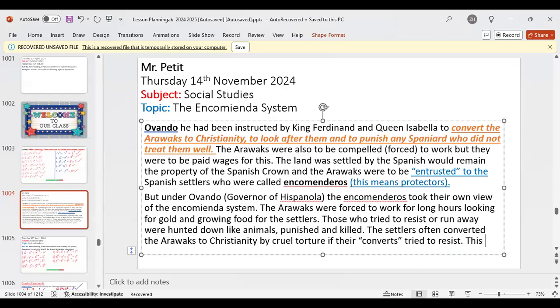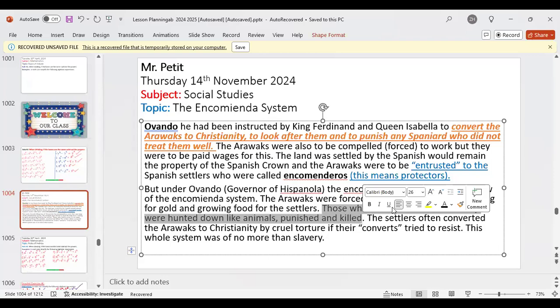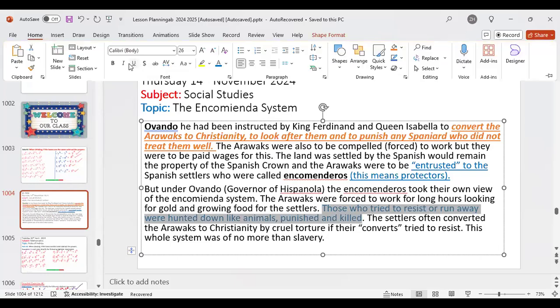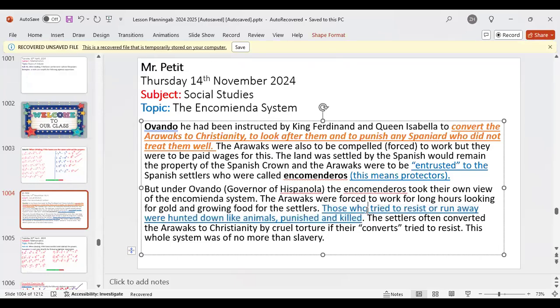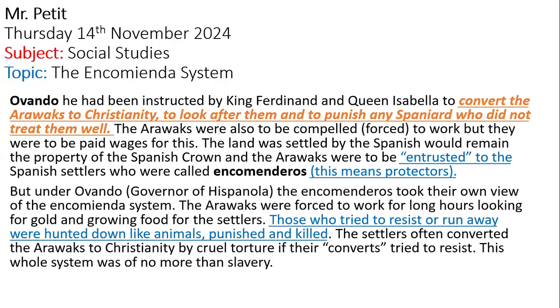This whole system was, of course, no more than slavery. So the encomienda system, which at its core had some good principles, some good ideas, became slavery. And it became the very system that basically caused the Arawaks a lot of harm. It caused a lot of them to die. It caused a lot of them to be treated in a very bad way.